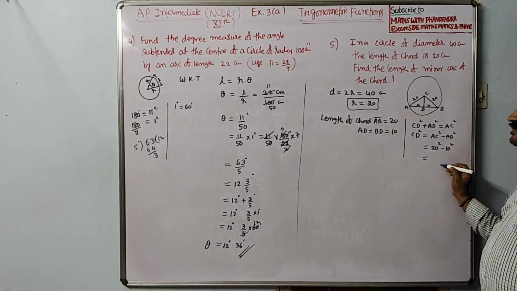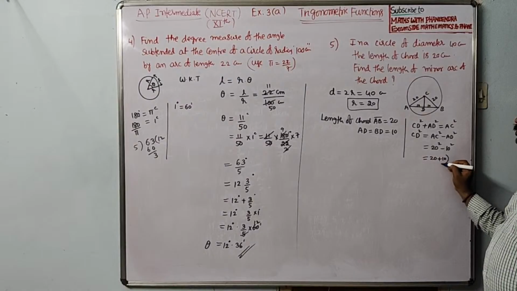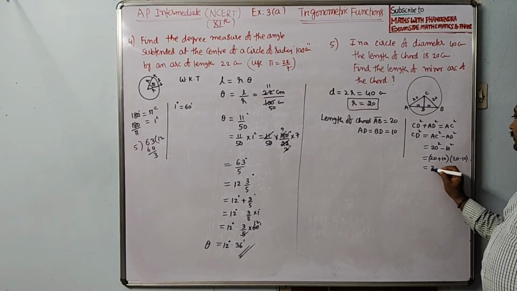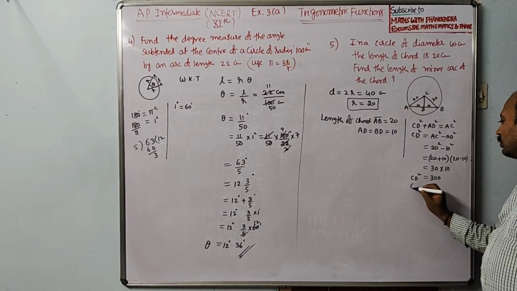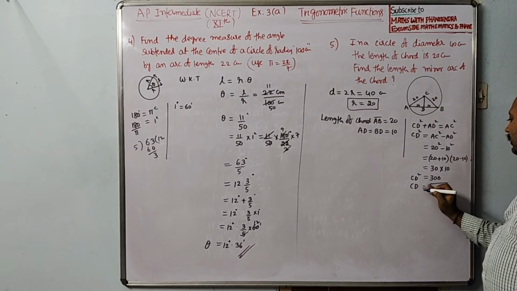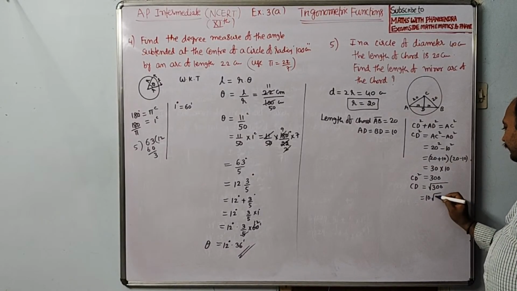So A square minus B square, A plus B into A minus B. So 20 plus 10 into 20 minus 10. So 30 into 10, so 300. So CD is root over 300, that is equal to 10 root 3.